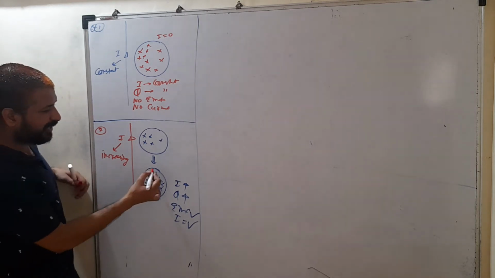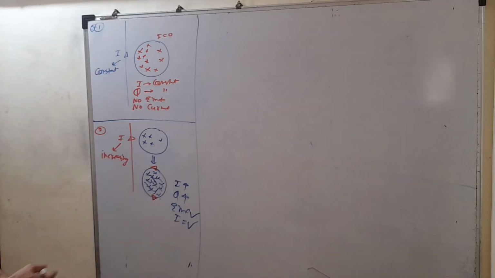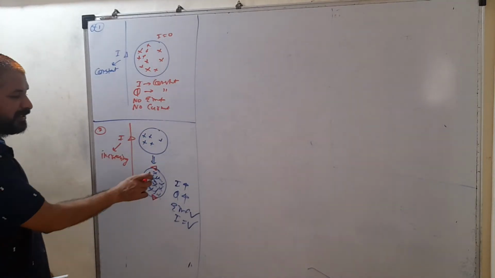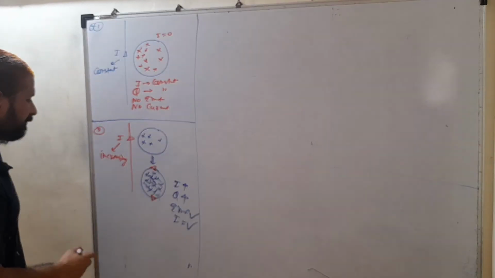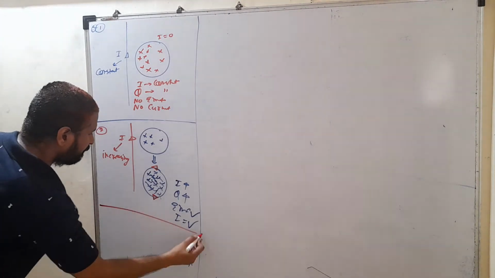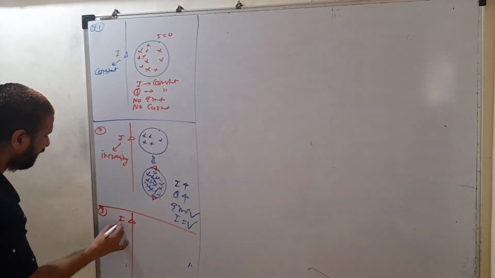So current किस direction में आएगा? Anti-clockwise. Because if current is in anti-clockwise direction, fields are outward. तो current को उस inward field को decrease करना चाहिए. Clear? In the same wire, suppose current decreases.